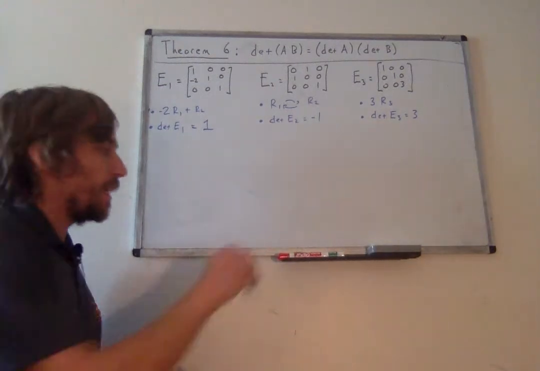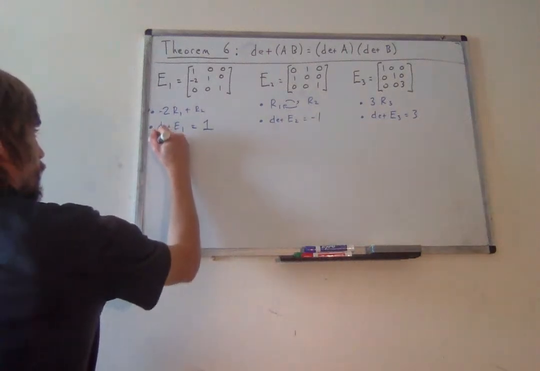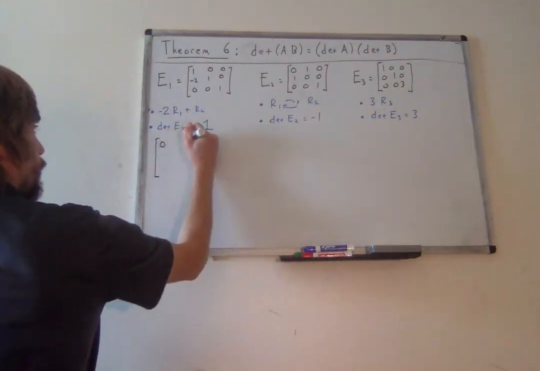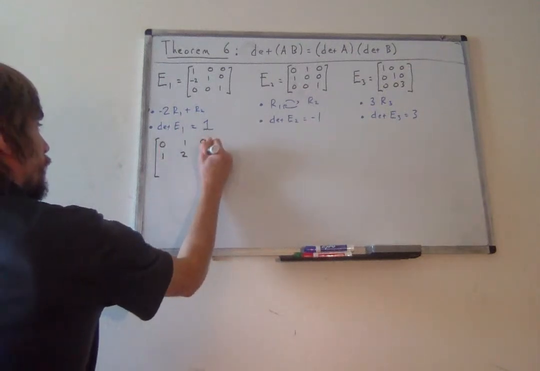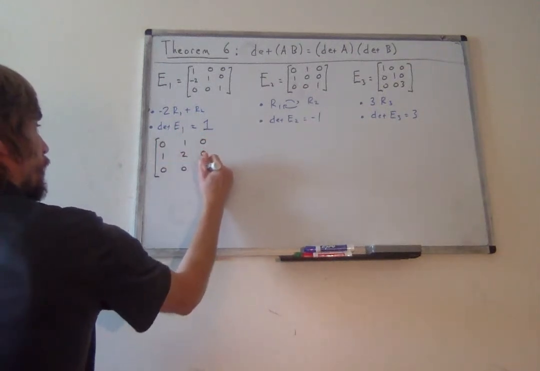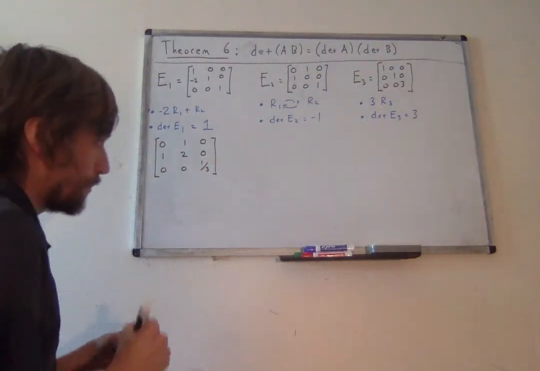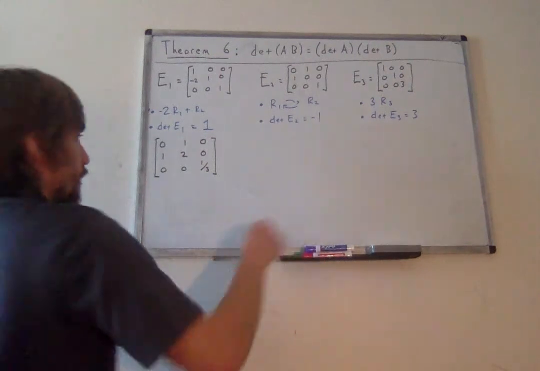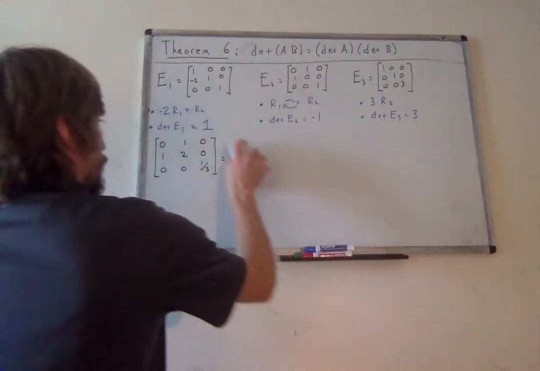To see that in more concrete detail, I want to row reduce the following matrix, which we'll call A. Let's do it this way.